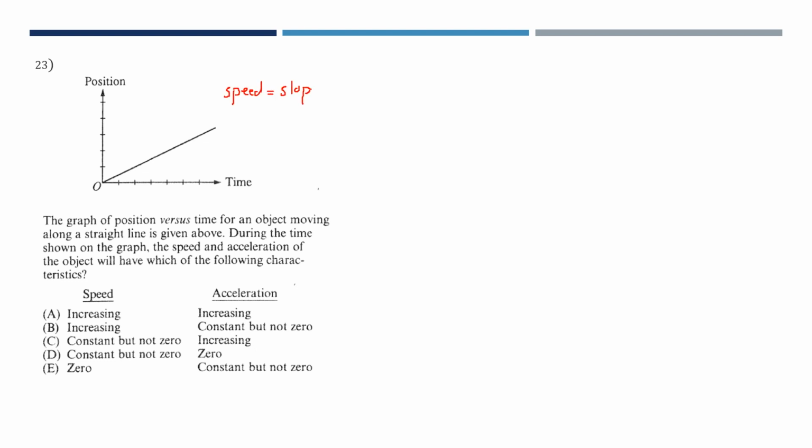We have a straight line between position and time. Having a straight line means we have a constant slope. Constant slope means constant speed. Constant speed means no acceleration. The car is not accelerating.